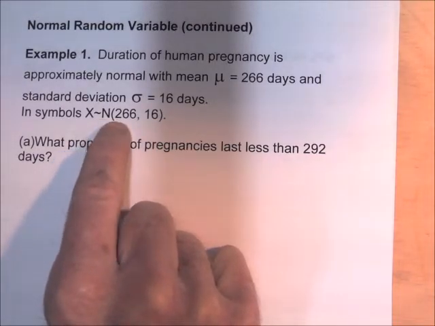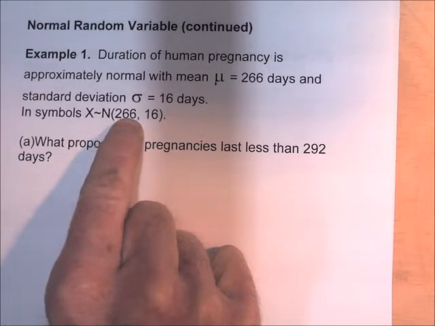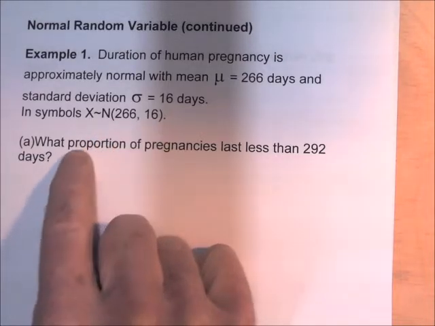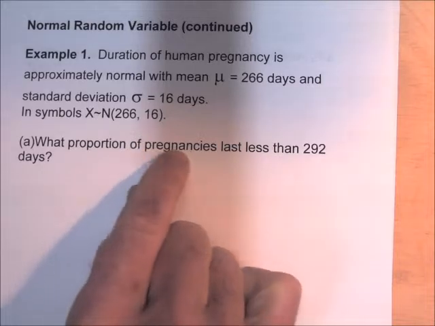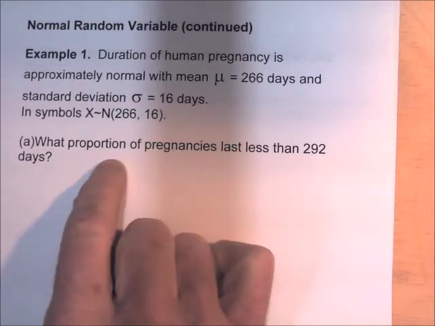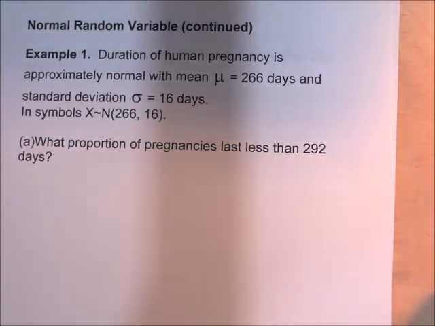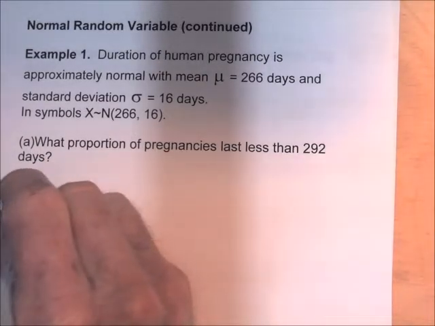It means normal with mean mu 266 and standard deviation 16. Part A, we'd like the proportion of pregnancies that last less than 292 days. So in symbols, we want the probability that X is less than 292.